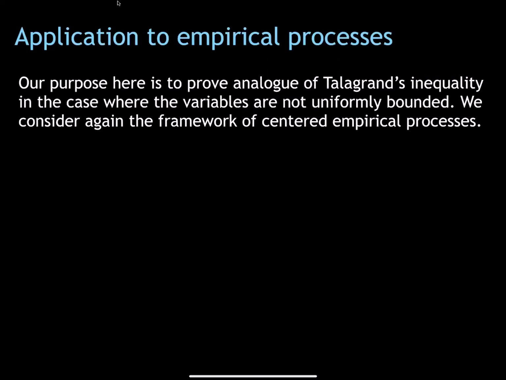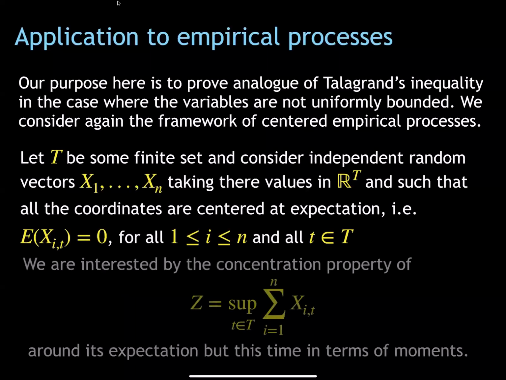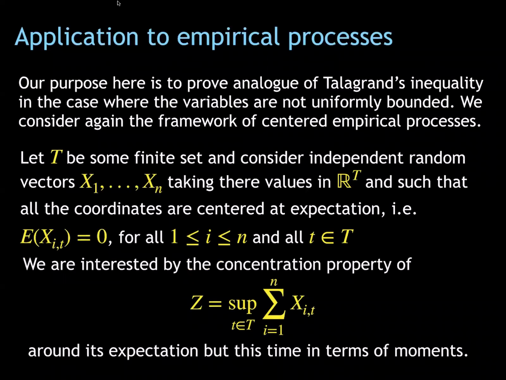So as soon as you have done that, the idea now is to prove an analog of Lagrange inequality, but in the case where the variables at hand are not uniformly bounded. And it's doable through our moment inequality. So how to do that?